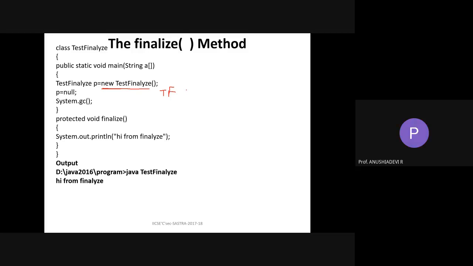Then I create one reference obj, and now obj equals p. So now both references are pointing to the same object, P and obj. First I created an object for the class Test finalize. Now this object is pointed to by P and also by obj. Am I correct or not?